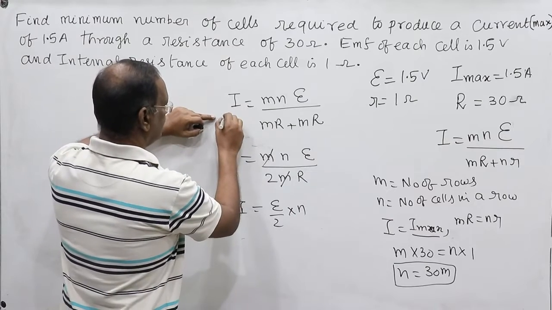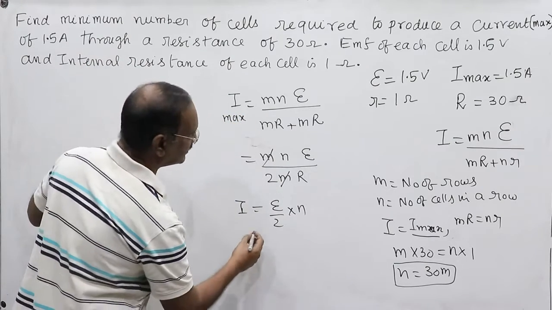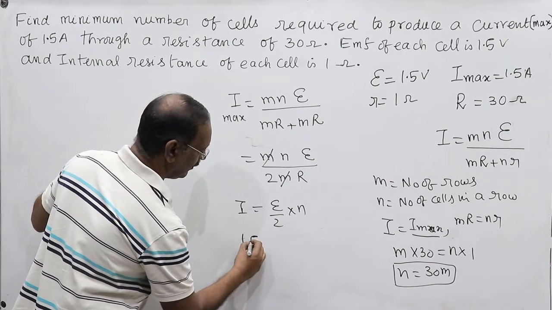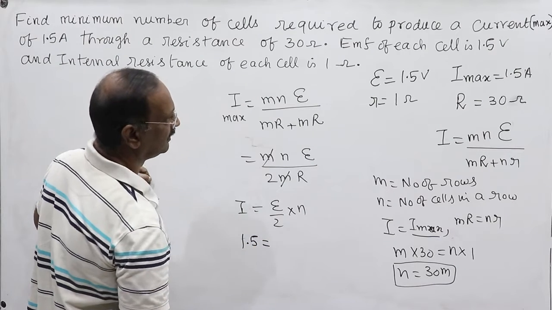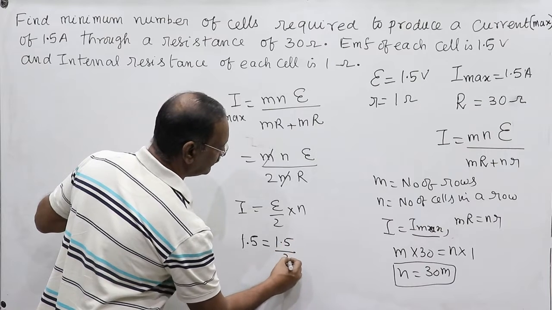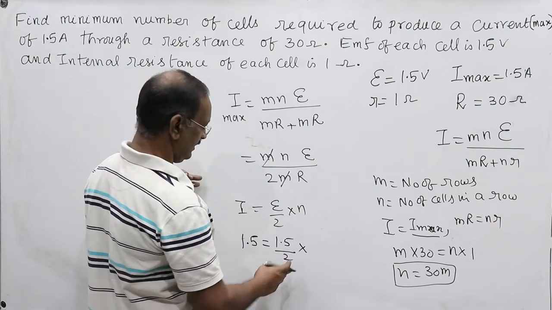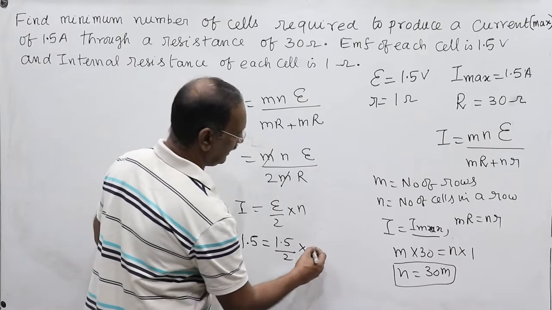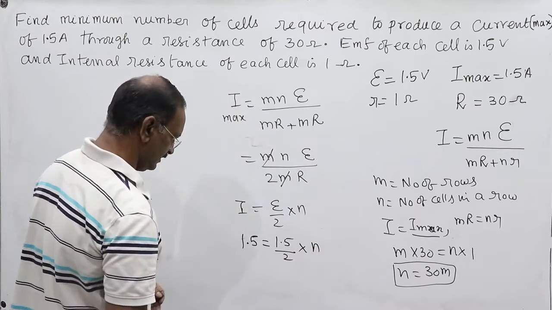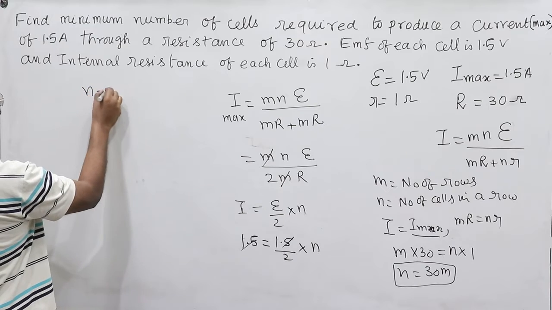This is for I maximum, which is 1.5. The EMF is also 1.5, divided by 2, and the n cancels.